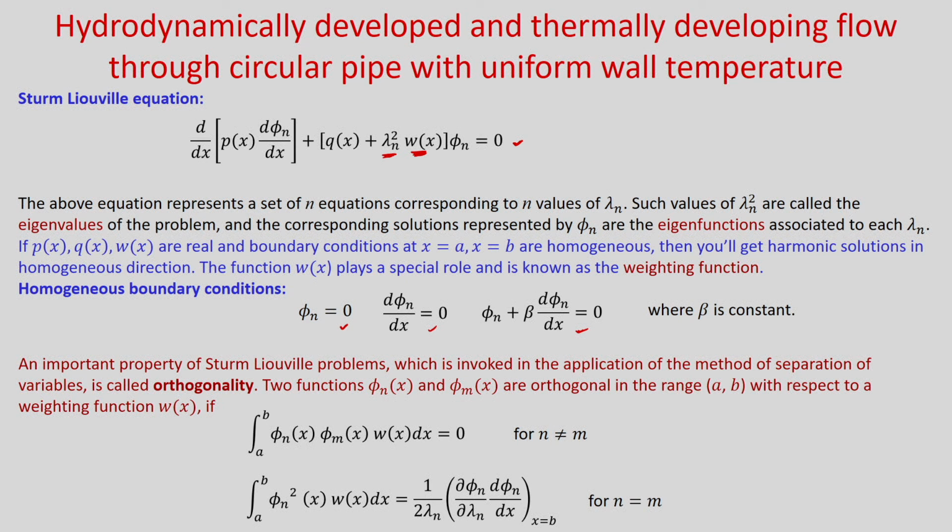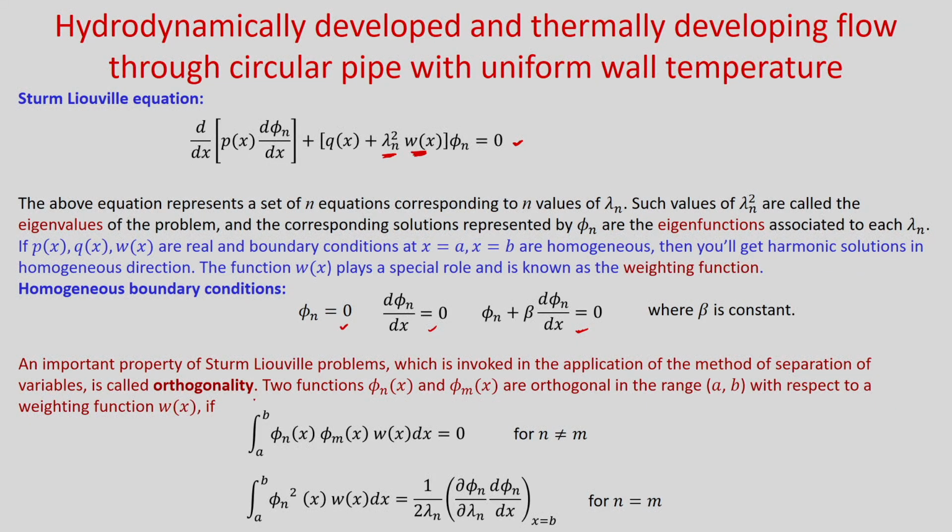Now, for the boundary condition in today's problem, in the r direction we can make it homogeneous using a convenient non-dimensional quantity. One important property of this Sturm-Liouville problem is orthogonality.